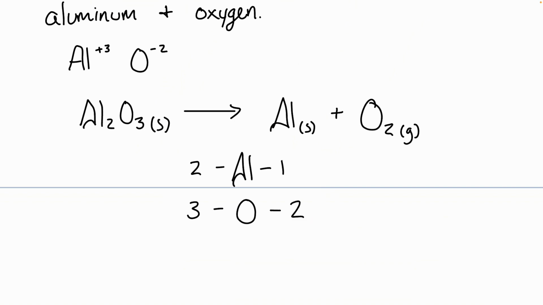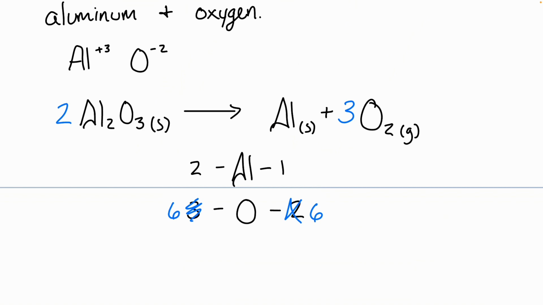So instead, I'm going to turn them both into their least common multiple here. If I take my O2 gas and multiply that by 3, that would give me a total of 6. And if I take my aluminum oxide and multiply it by 2, that would give me a total of 6, right? So 3 and 2 have no common factors, so instead we've got to turn them both into their least common multiple.